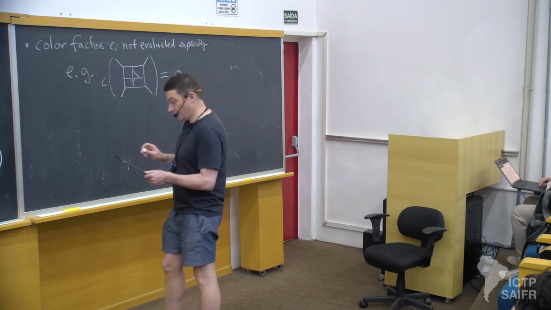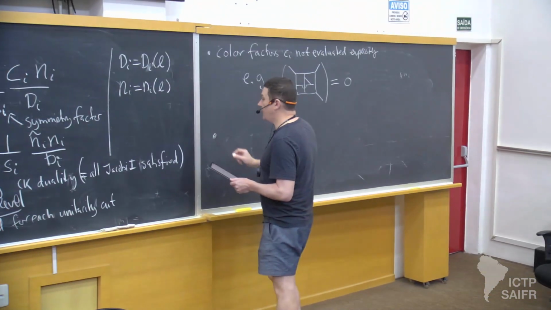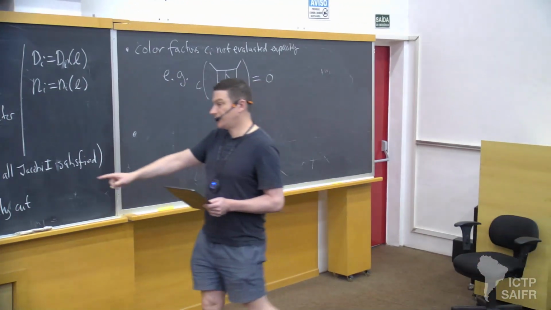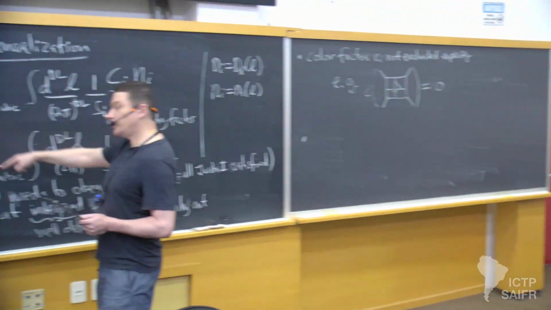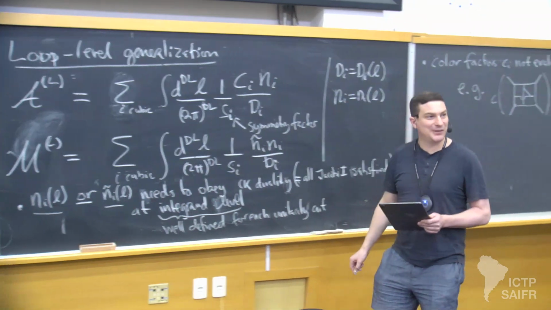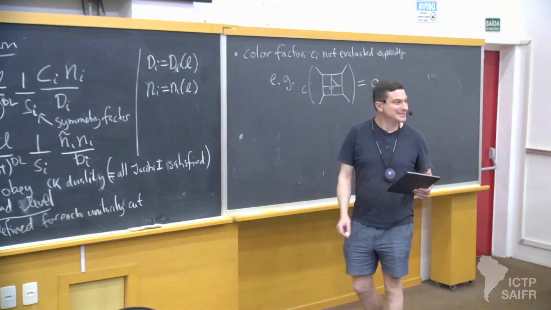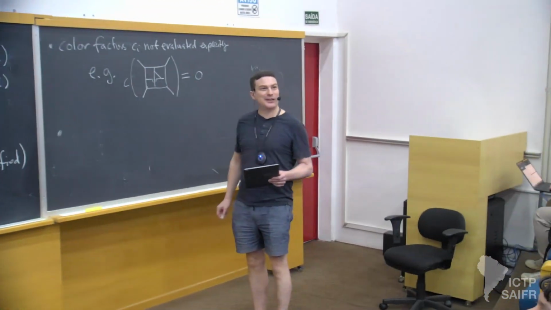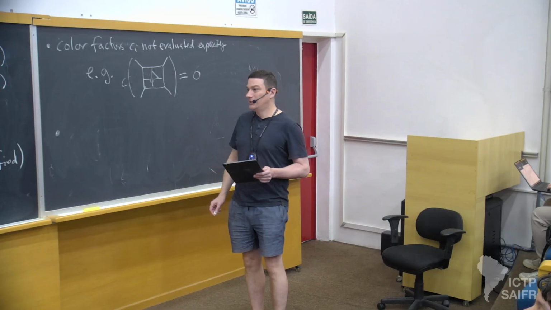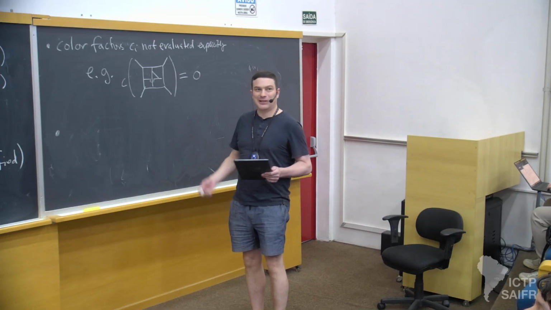All right, and another thing that you need to be a bit careful about is that I said here that we're summing over all cubic graphs. So what does that mean? Do we know how many cubic graphs there are? Does anybody have a guess how many cubic graphs there are? Well, at one loop, I don't know.